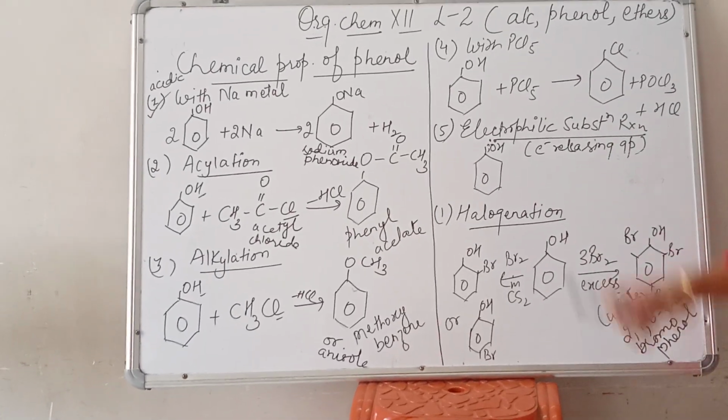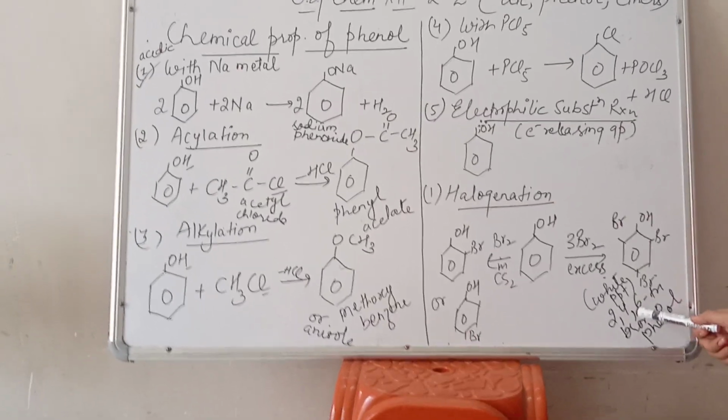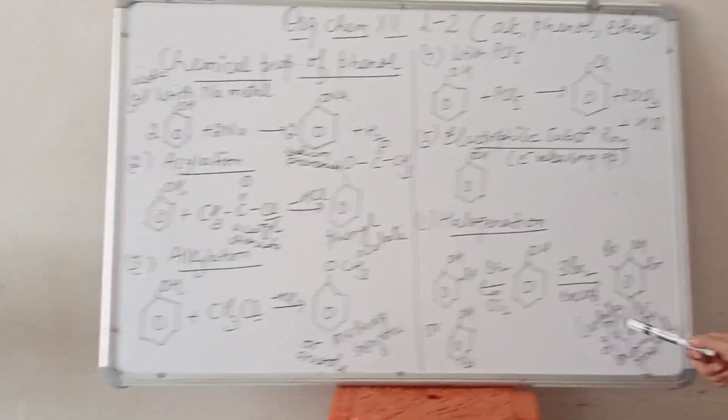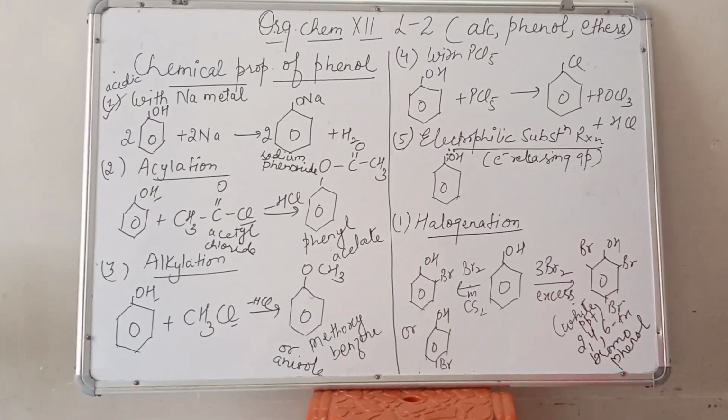That is, when phenol is treated with excess of bromine, white ppt is formed. So answer will be due to formation of 2,4,6-tribromophenol.